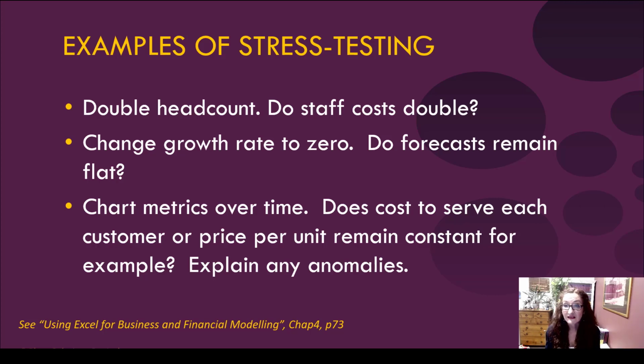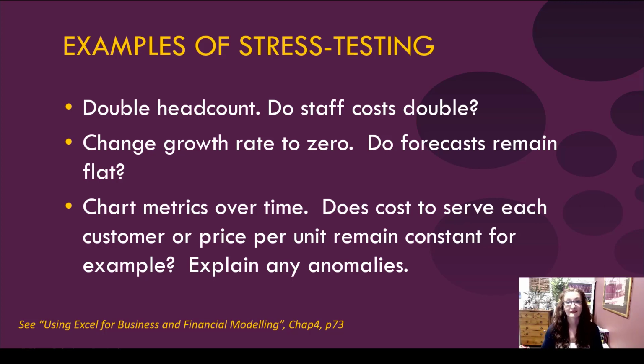Change the growth rate to 0. Would the forecast remain flat? Another great way of checking and testing, particularly with stress testing, is to chart. F11 is your shortcut that's going to give you an instant chart. So it's perhaps not something that you would show anybody, but it's something for you to make sure that it looks sensible.